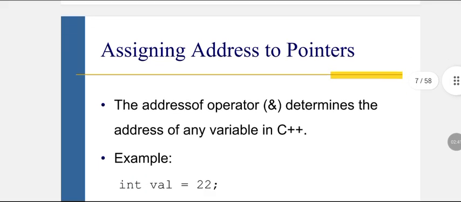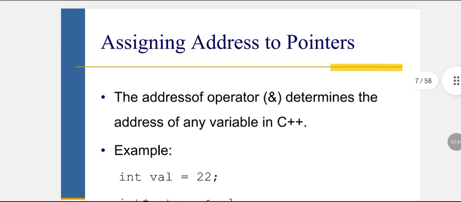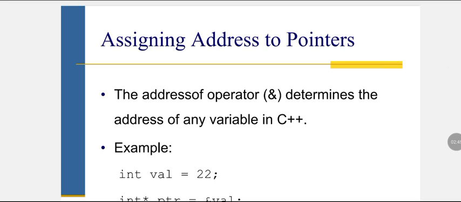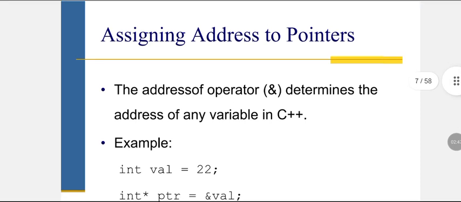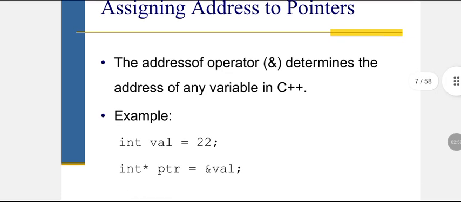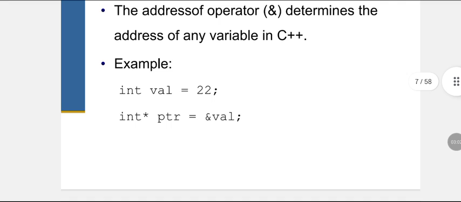Then we move on to assigning an address. The address-of operator that you can see on the screen, the ampersand symbol, determines the address of any variable in C++. Now you can look at the example over here. We have our data type int, the variable val equals some value, then a semicolon.